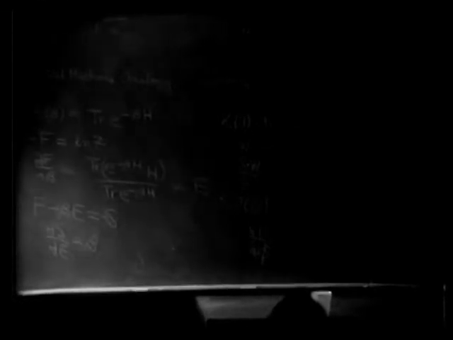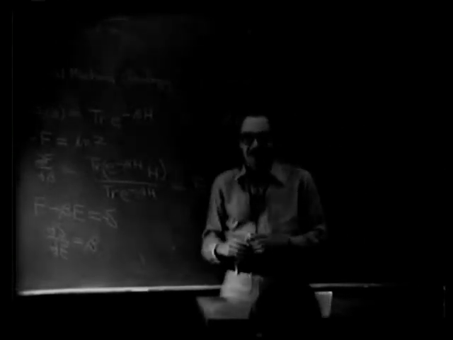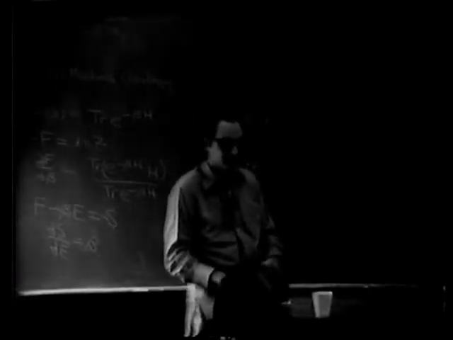Therefore, there is a perfect analogy, aside from the fact that in one case we have an infinite number of variables characterizing our thing, J of x at every space-time point x, and in the other case we have a single inverse temperature beta, between the operations in statistical mechanics and the operations I have just deduced in quantum field theory.